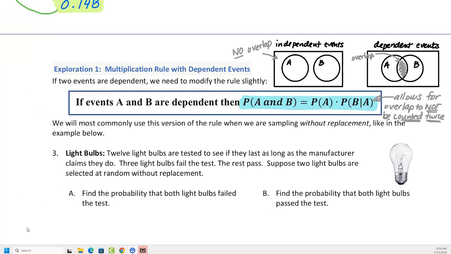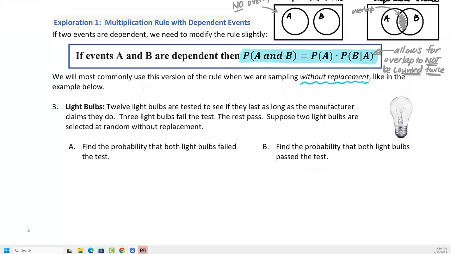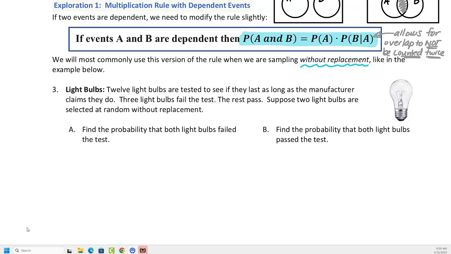So it says here, we will most commonly use this version of the rule when we are sampling without replacement. This is a big deal. Without replacement means you're not putting something back, like in the example below. So I'm going to teach this by doing the example.